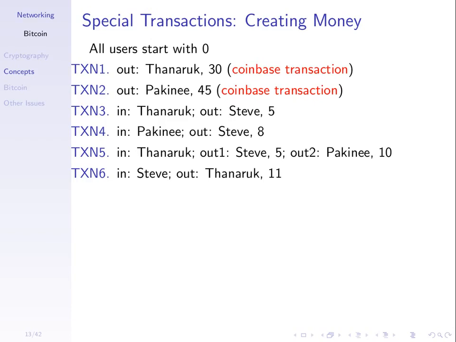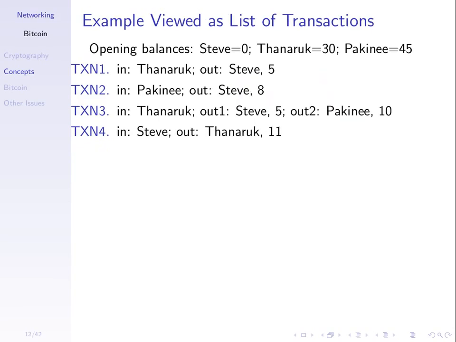And there are other examples, but let's assume that's what we do and what we'll do in Bitcoin, that there's some process that we can create this initial money. And we'll treat that as a transaction, a special transaction where there's no input. We don't transfer money from someone's account, we just create it so that Tanarak gets 30, Pakini gets 45. 3 through to 6 are the same as 1 through to 4 here.